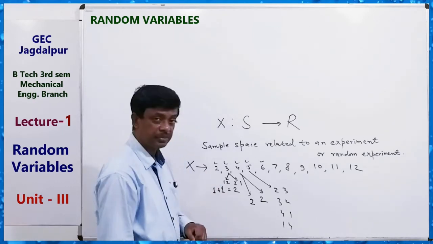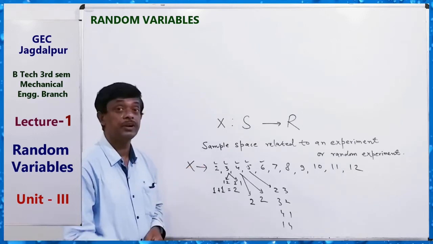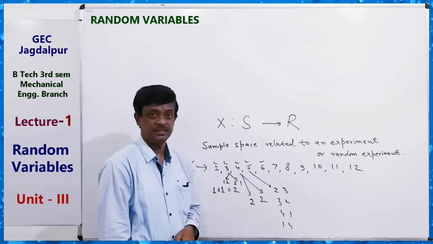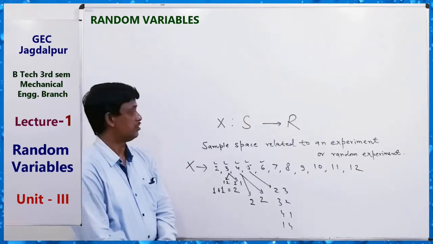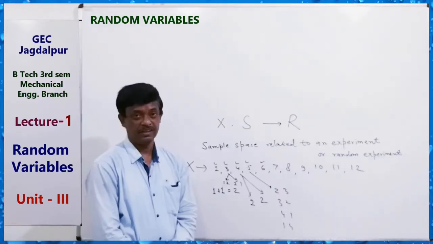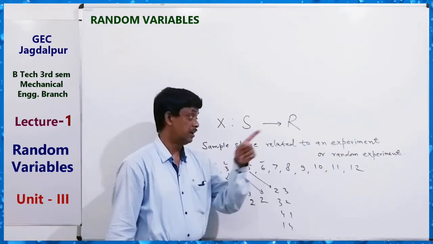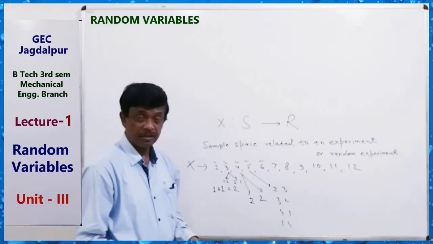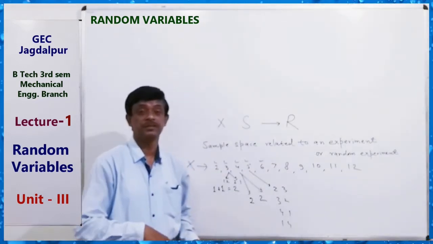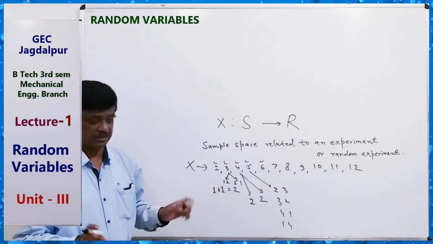And taking these values depends on chance. So this type of function is called a random variable, and the sample space is related to a random experiment. A random experiment means the outcome of the experiment depends on chance.